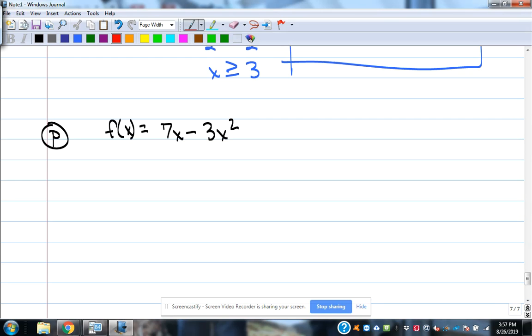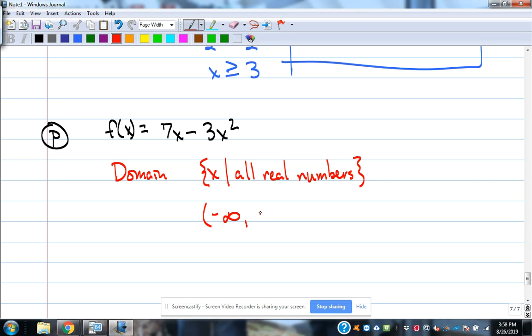Are there any red flags in this one? Don't have any fractions, right? Don't have any square roots. So that means my domain is easy. I don't have to do anything to it. It's x, it's all real numbers. Interval notation, negative infinity to positive infinity.